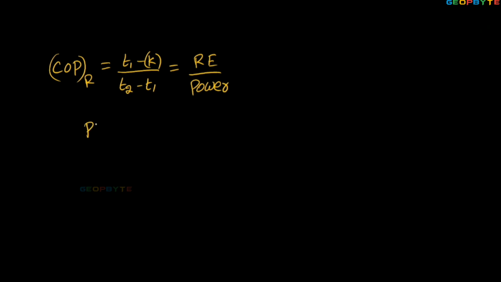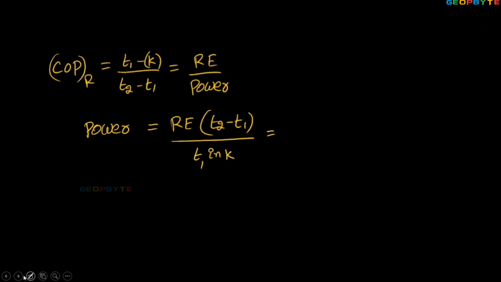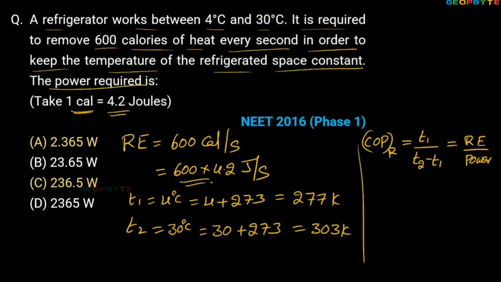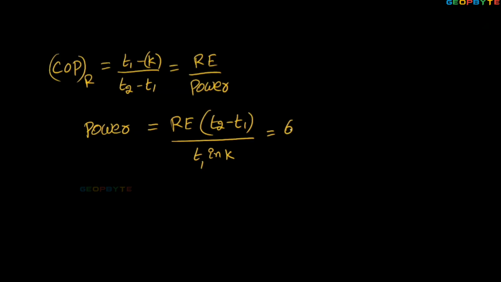From this, power equals refrigeration effect into T2 minus T1 divided by T1 in Kelvin. Refrigeration effect is 600 into 4.2, into T2 minus T1.